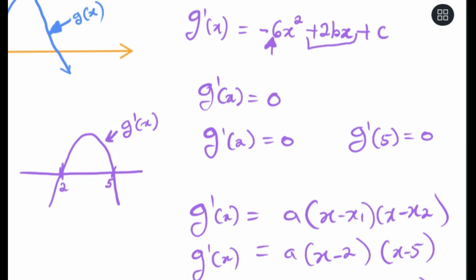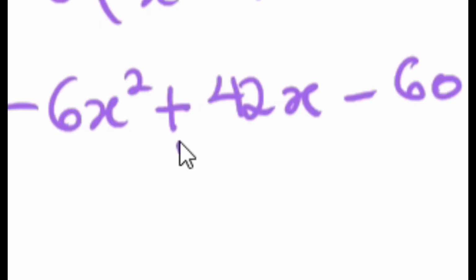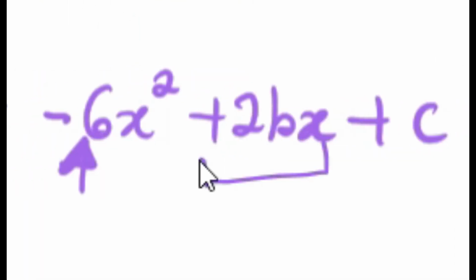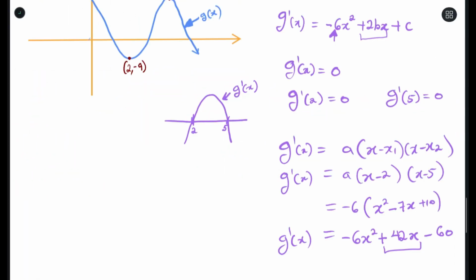Comparing it with the original derivative that we have, which was negative 6x squared plus 2bx plus c, we can use that to help us find our value for b and also our value for c. So you take this part and that part, equating them, you'll get b.